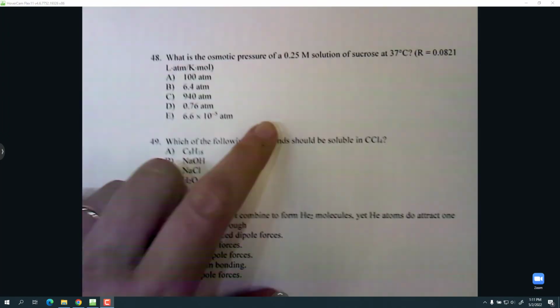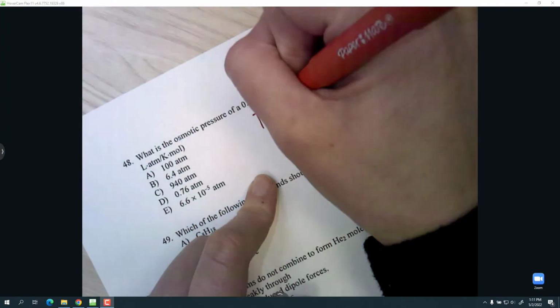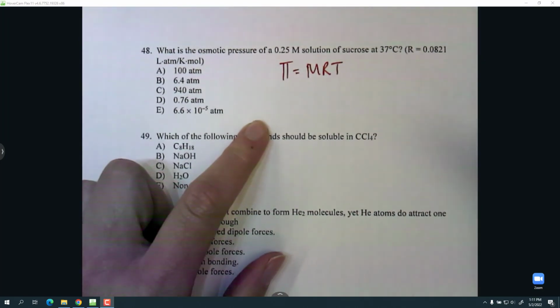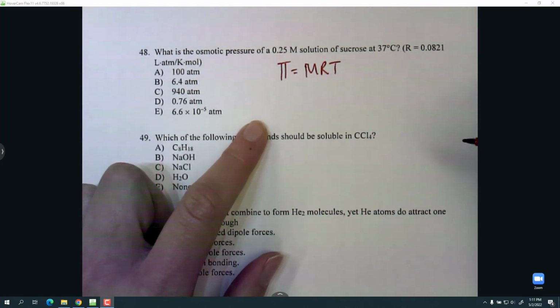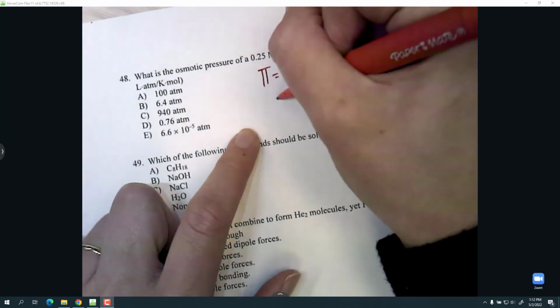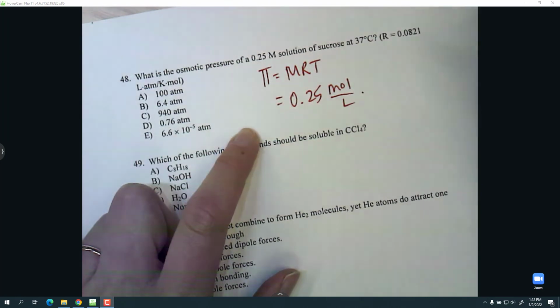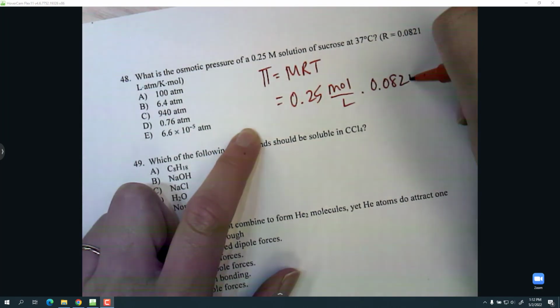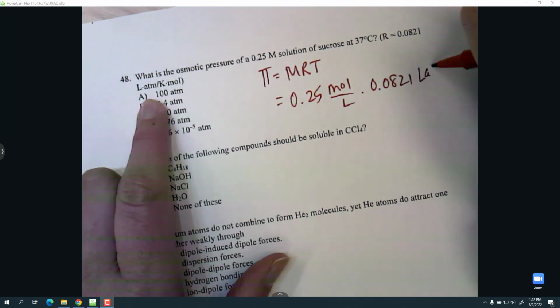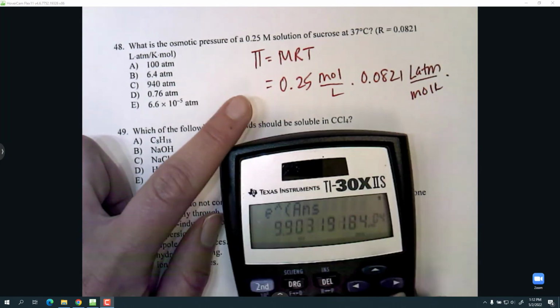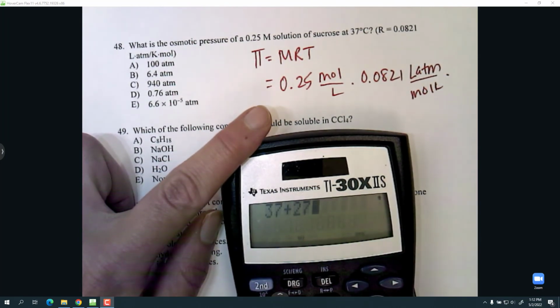All right, osmotic pressure. Remember that was molarity times the gas constant times the temperature, and this one is kind of set up for us. That's not happened in a lot of these, so that's fun when we're getting to the end and we're tired. All I have to do is convert my 37, what's it, 310?